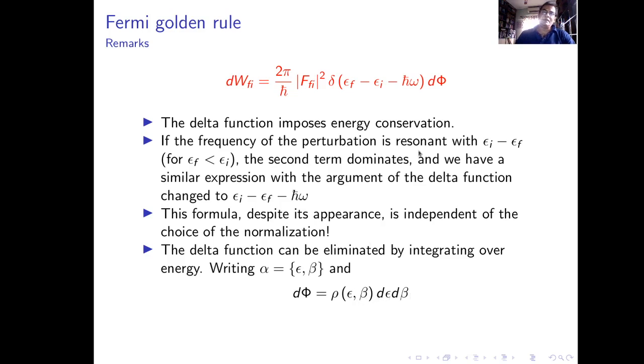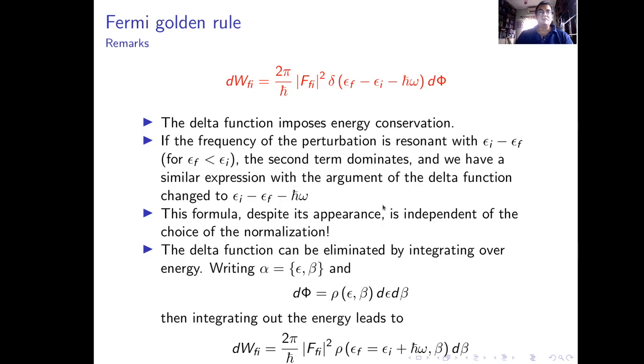And if we plug this form of d phi in here and integrate over all energy, the energy term, the integral d epsilon, trivially drops off. But what the delta function does is force epsilon f to be equal to epsilon I plus h cross omega for all the states, which means the Fermi golden rule now takes the form dwfi is 2 pi by h cross ffi mod square times the density of states, the epsilon already having been integrated out, but you still have the d beta integral to do.